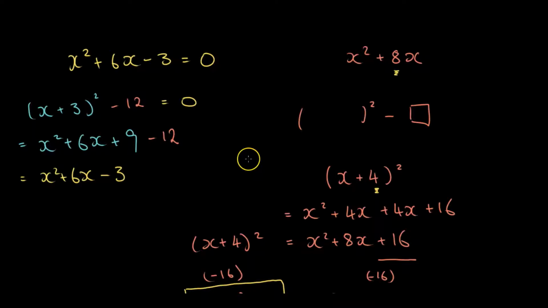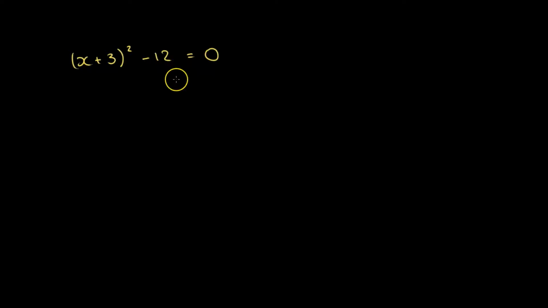Well, if I rewrite this underneath, I can now solve this without the need of factorizing. So if I add 12 to both sides, and what can I do to both sides of this equation now? Well, I'm squaring the left, so let's square root both sides.